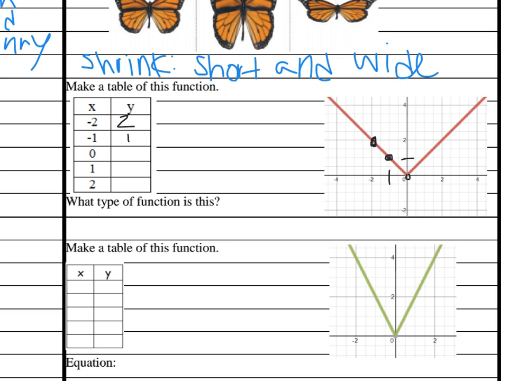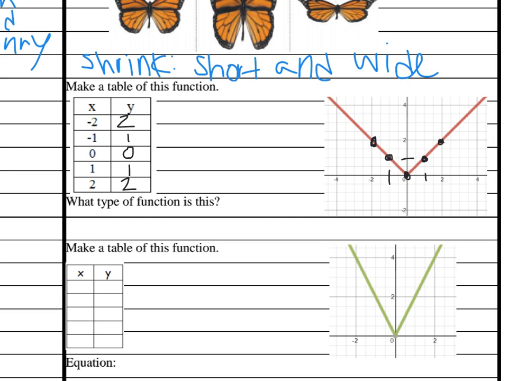And then x is 0, it looks like y is also 0, 0, 0. X is over at 1, which hits right here nicely at +1 for y, so 1, 1. X is over at 2, y is up at 2, so the point 2, 2.